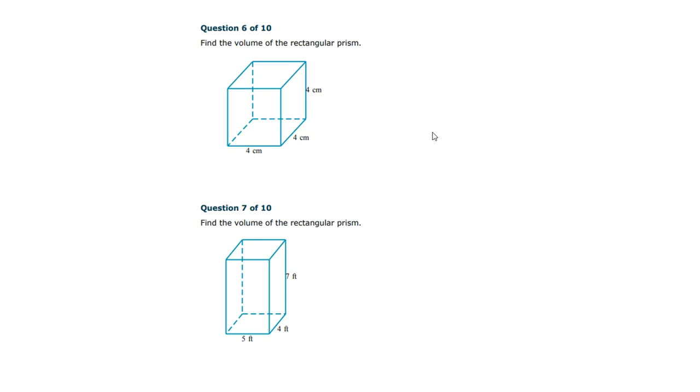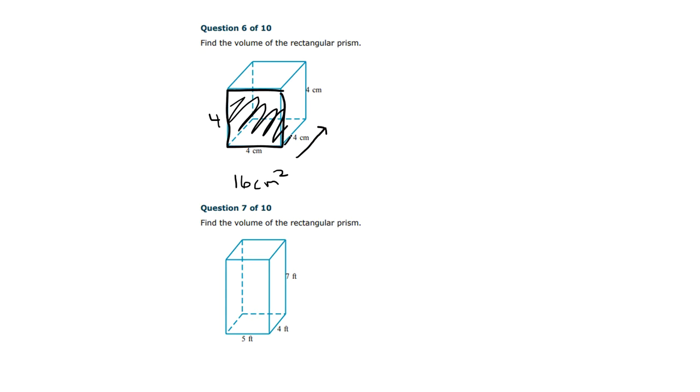Okay, let's go ahead and look at another type of question that you're going to see on your ALEKS assignment. This one says, find the volume of the rectangular prism. Okay, so what we're going to do is find the area of this rectangle, and then that rectangle was extended the length of 4 centimeters. Okay, so let's find this area first. Our length is 4 and our width is 4, so that's going to be 16 centimeters squared.